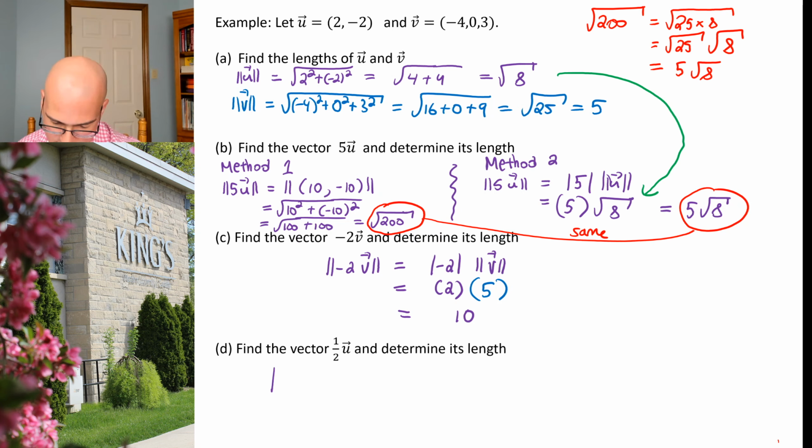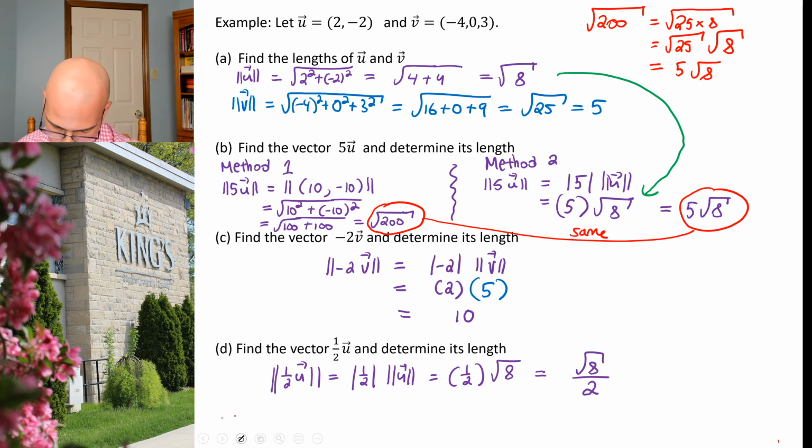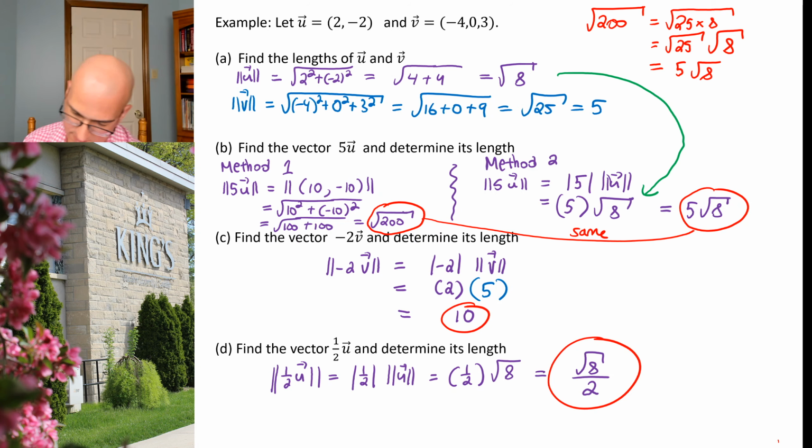So the length of 1/2 times u is equal to the absolute value of 1/2 multiplied by the length of u, which is 1/2 times root 8, which can be written as the square root of 8 divided by 2, or root 2.